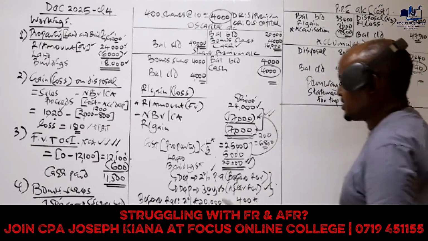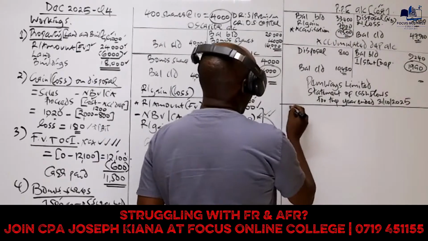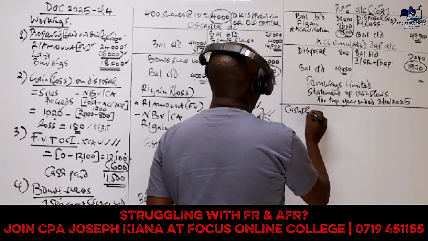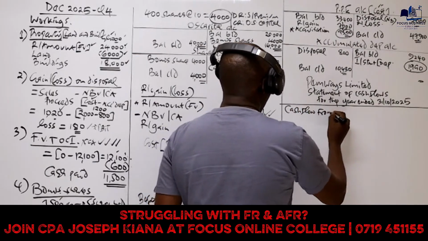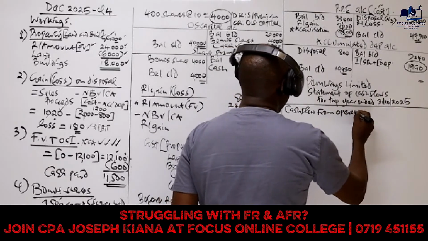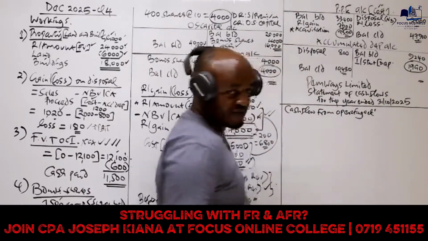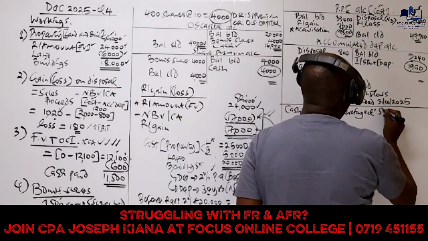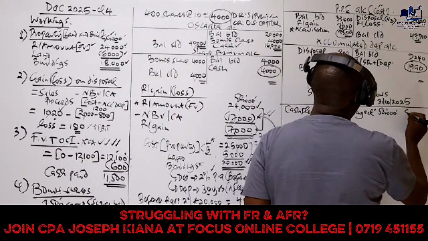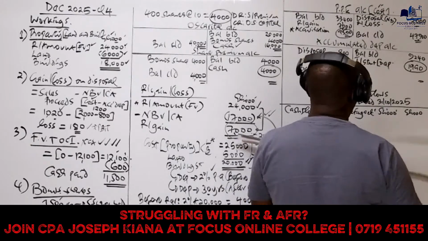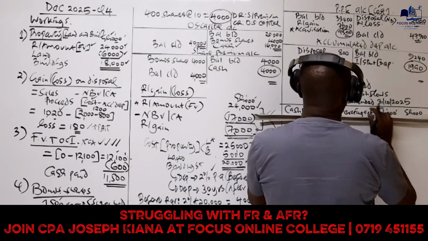So remember, we said we start by determining the cash flows from operating activities. We need to have two columns here, and our figures are in thousands of shillings.